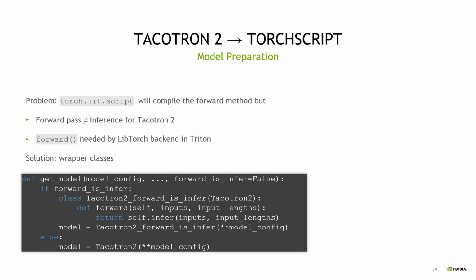So we have taken the model class and wrapped it in an additional class, Tacotron forward is infer, that has just one method, which is forward, and this internally calls our original infer method. Using this approach, we can export the model to TorchScript and use the forward method in Triton.